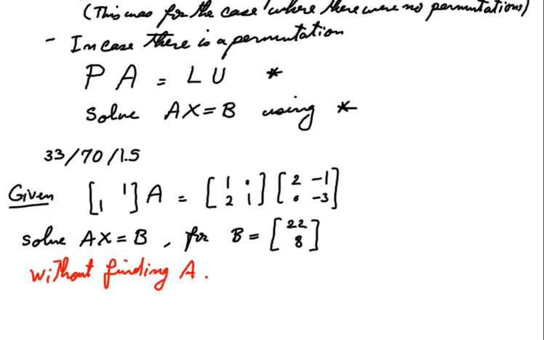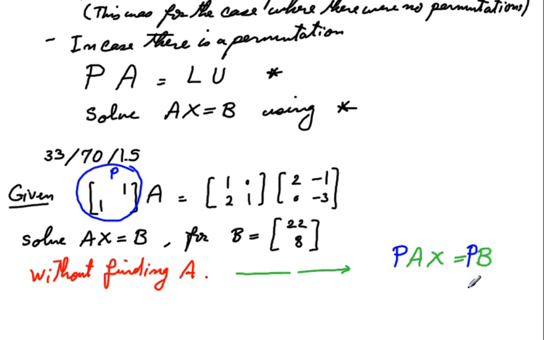So we do the following. Say, okay, you want to solve AX equal to B. And the objective is that we want to use our permutation decomposition. Let's bring permutation P into the picture. Who's P? P is this matrix that is given here. This is a permutation you're supposed to do. So take the two sides of the equation and multiply by P. Okay, what do we get out of it?